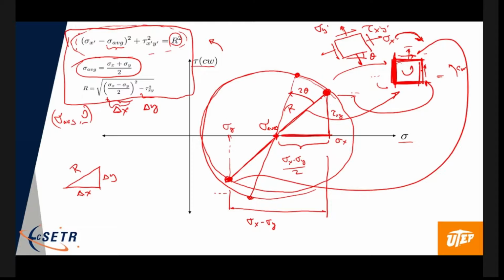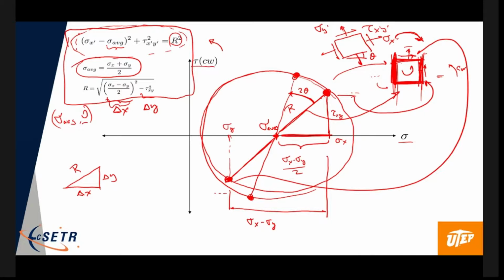That would correspond to these points here. We've rotated 2 theta because all the equations involve double angle, right? And that makes sense too, because remember, this face here corresponded to this and this. So if we rotate 180 degrees from this face to this face, it corresponds to 360 degrees rotation when you multiply it by 2. Okay, so you get the same thing.